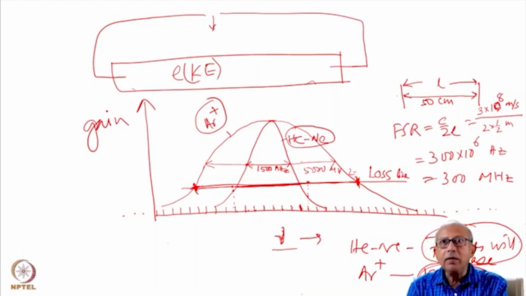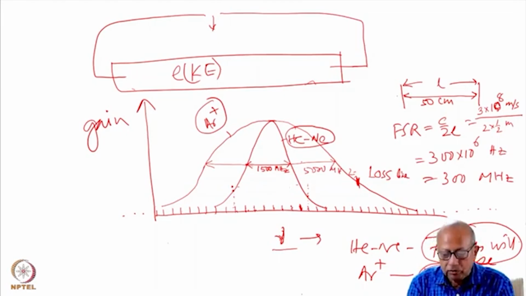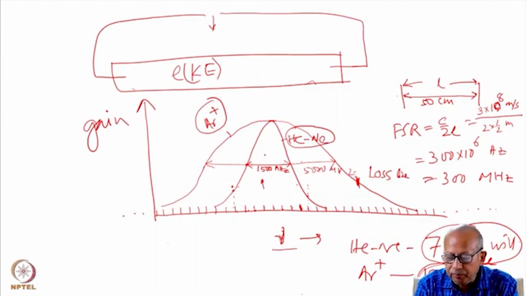Now let us see if we can force single mode emission by appropriately locating the loss line. In order to do that, you have to reduce the lasing window. How do you do that? You increase the loss, so the loss line will go up. Suppose you bring the loss line here.